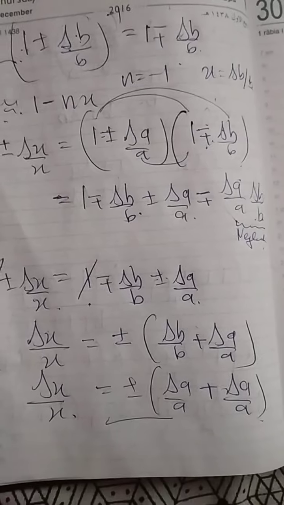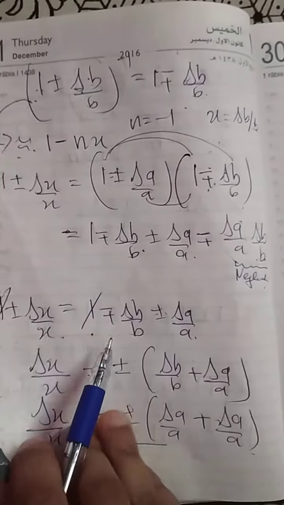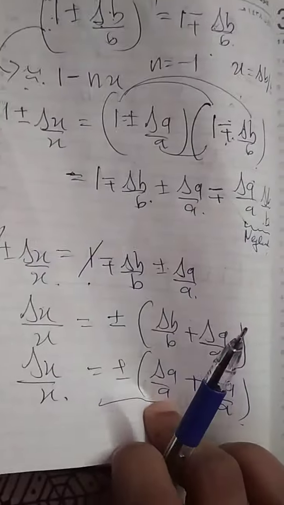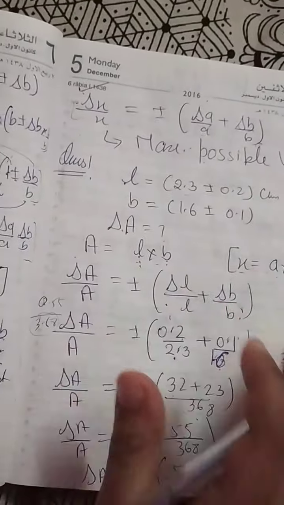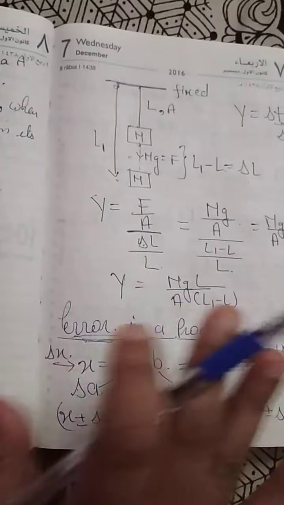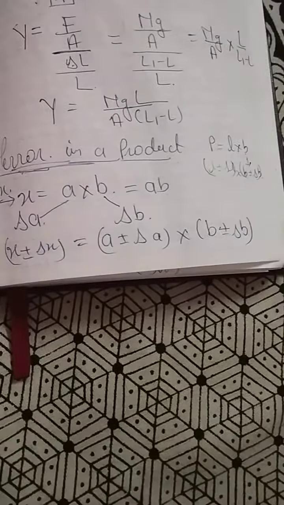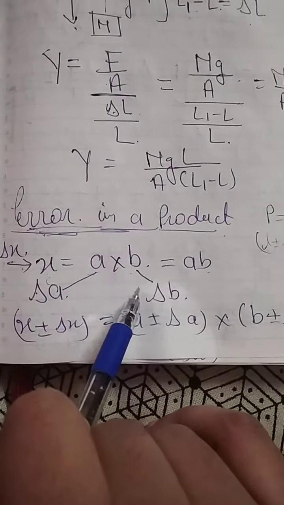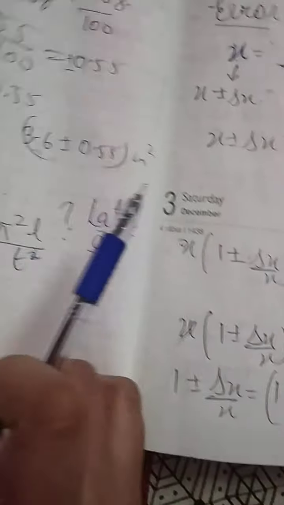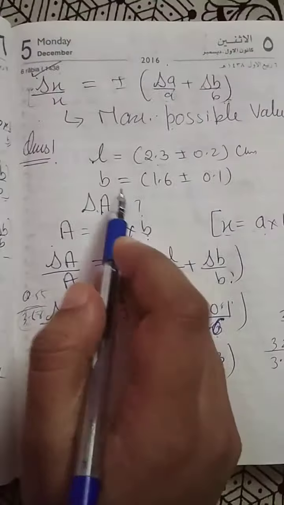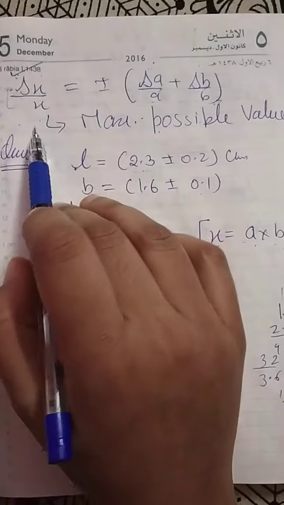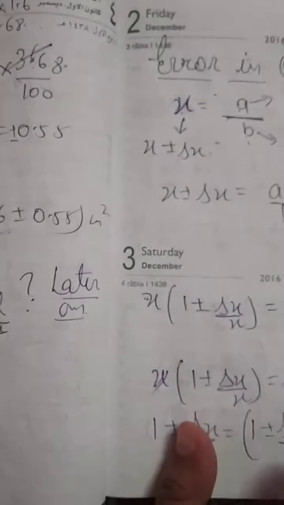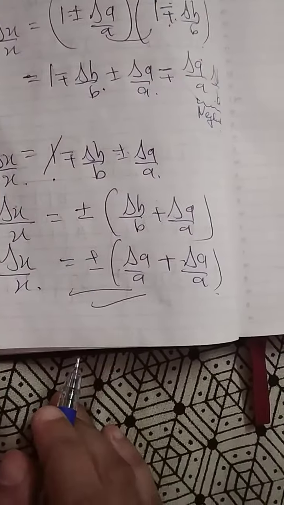Now yes, you all got my point, that even if there is multiplication, remember in my previous video, I just flip my page over here, so don't worry, you just watch my previous video, you get all these notes. So when we just multiply the two variables, you get the same value of error, that is delta a plus delta b, delta x over x for multiplication, and when you divide some number, then again you get the same value.